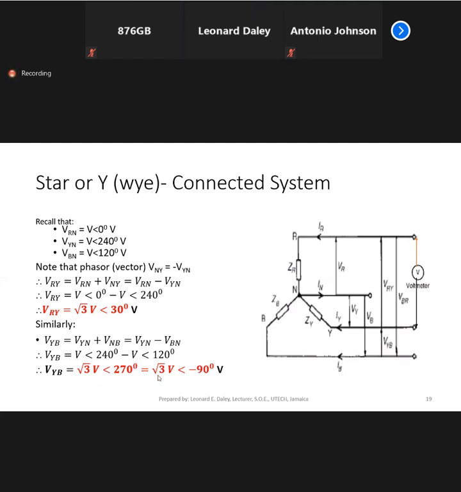But your calculator will give you minus 90 or minus j. So I put it there so that you will know that you are not wrong. Minus j is the same as minus 90 degrees. When you work out the values, you get a minus j on your calculator, so I put that there to show you that you're not incorrect. But since we measure anti-clockwise and positive values.